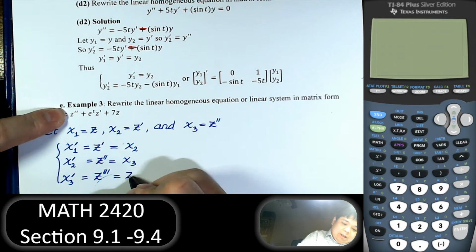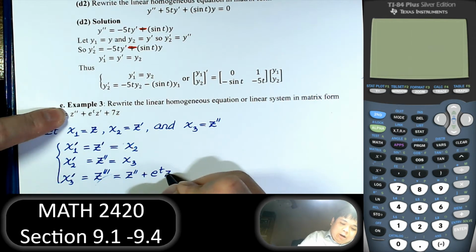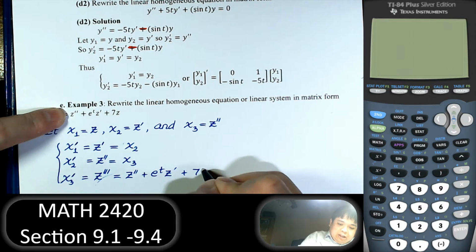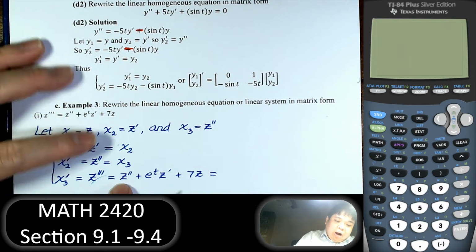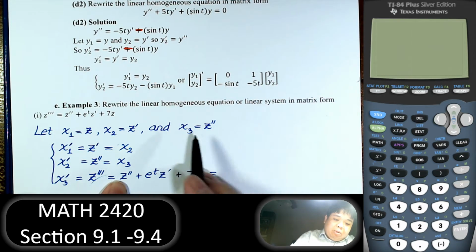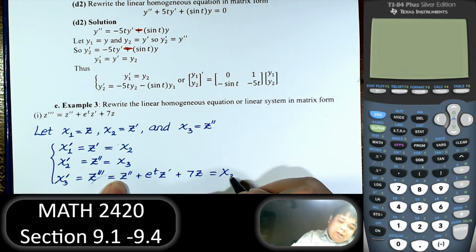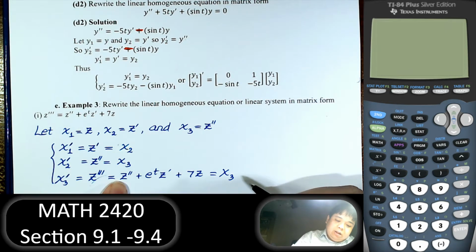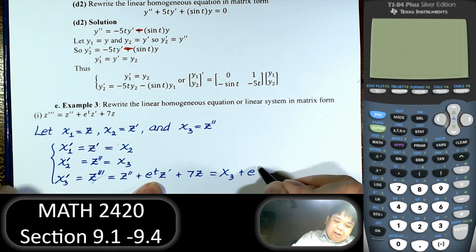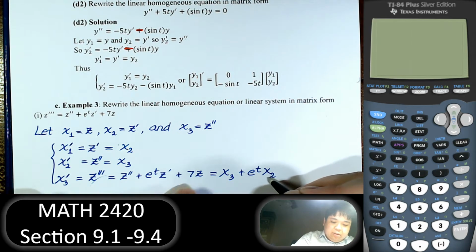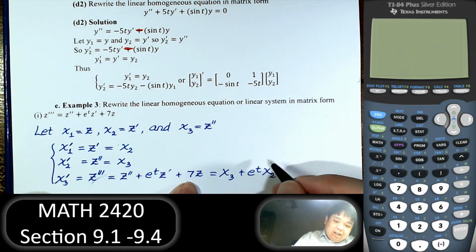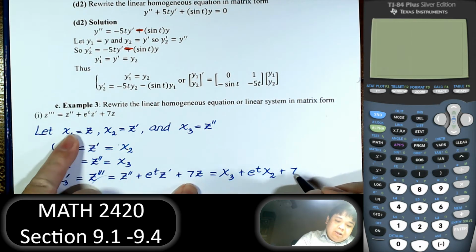So z triple prime equals minus z double prime plus e to the t z prime plus 7z. Now, if we write this in terms of x, z double prime is x3, z prime is x2, 7z is 7x1.